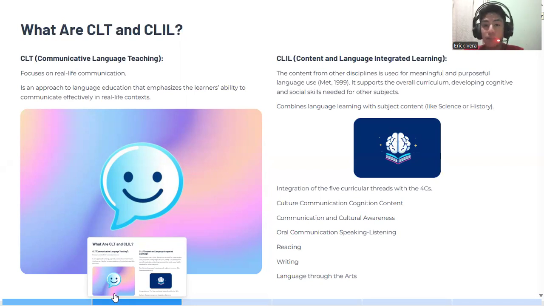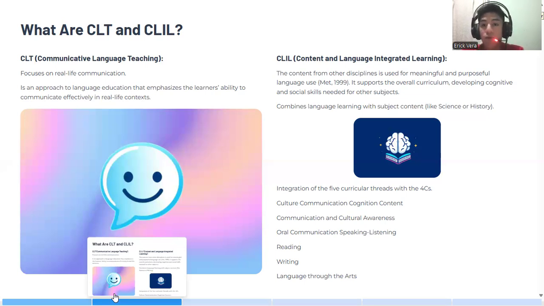This approach supports the overall Ecuadorian curriculum, but let's understand what the content is first. The content from other disciplines, from other subjects, is used in this approach for meaningful and purposeful language use.